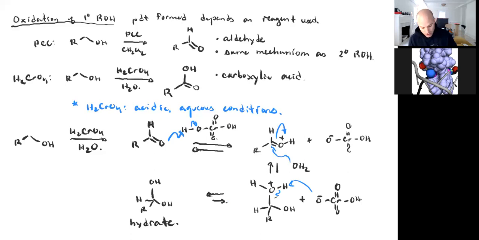So you can imagine if you were to erase one of these oxygens, replace it with carbon, you'd have a secondary alcohol. So for the next step, just ignore one of the OH groups. Think about it as just an alcohol. And what you end up with is just a slightly more complicated chromate ester.